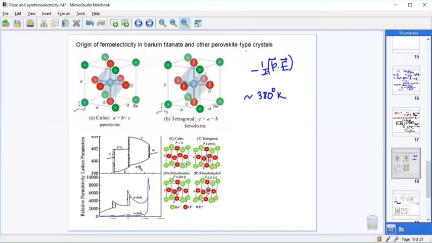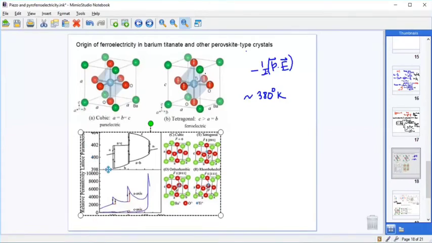So this is the spontaneous polarization of barium titanate as a function of temperature, and the discontinuity is near here. Okay, the temperature range is not shown. Anyhow, the discontinuities near 0 degrees and minus 80 degrees are caused by small changes in the crystal structure.